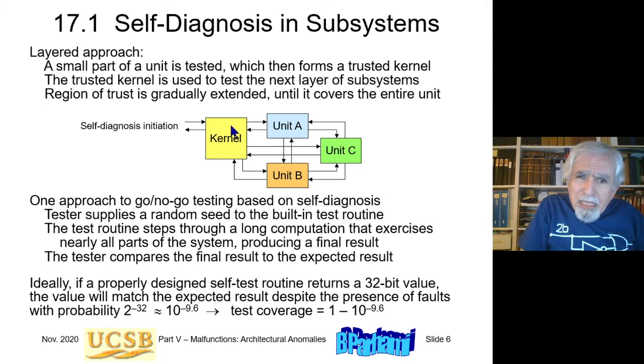And then it sends that result back to the kernel, and the kernel may have a table that says for that particular seed, the expected result from unit A is this. So if the expected result matches the actual result, then unit A can be trusted.